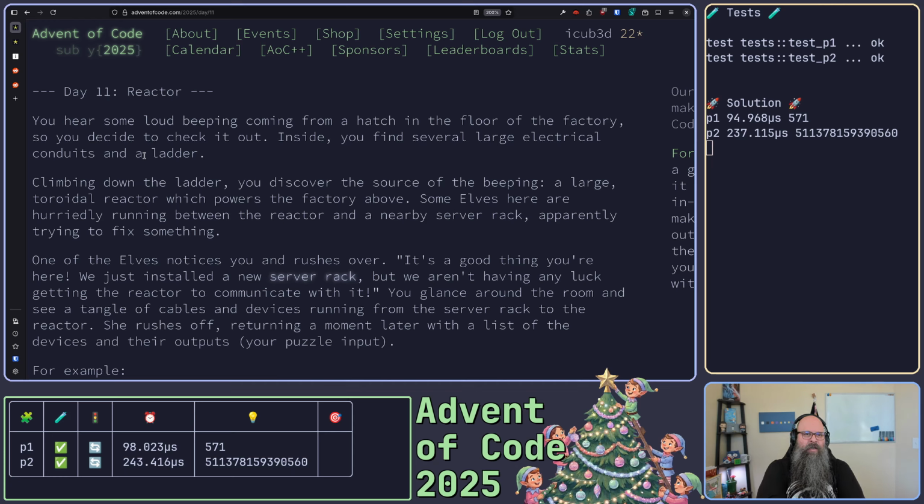I solved yesterday's puzzle, day 10, with Z3. We'll show that in the recap to see how it works. It took me a little while to write because I'm still pretty new to using Z3. I'd like to do a little tutorial on how to use Z3, at least to learn for myself. If you're interested, maybe we can do that together.